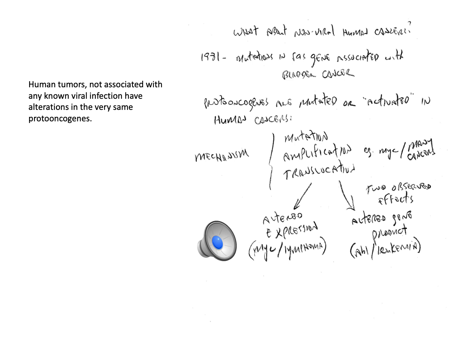So people started looking for genes associated with human tumors, and in 1981, there was a very classic experiment done looking at bladder cancer. This was done by an individual named Weinberg, who was at MIT.